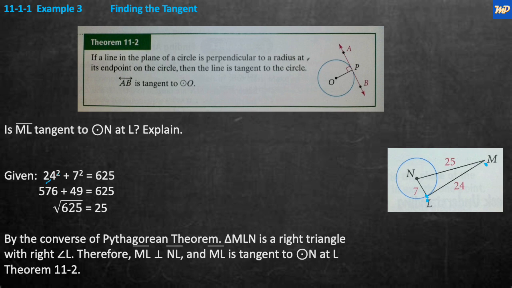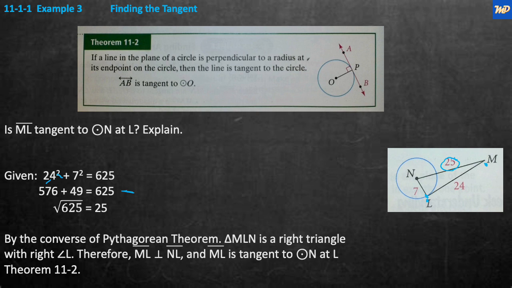We have 24 squared plus 7 squared is 576 plus 49. You add them together, you get 625. You take the square root of 625, and you get 25. And since you get 25, and that is the same as what we have over here, this hypotenuse is 25, we have a right triangle.